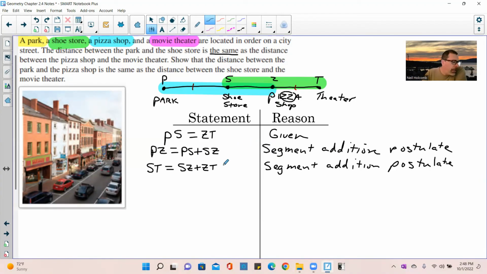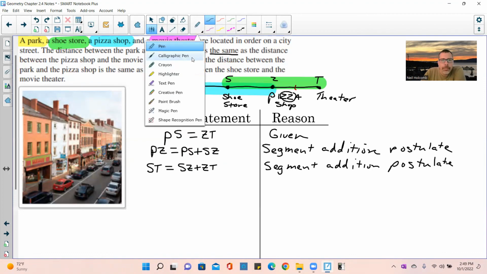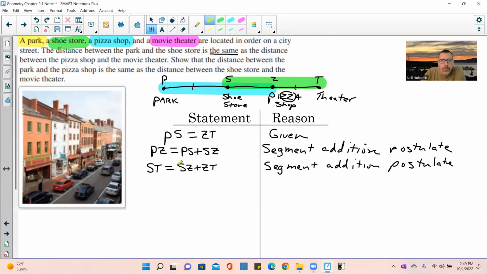Okay, and then, let's see, we have to think about this a second. We have PS plus SZ, which is right here. Let me highlight that. PS plus SZ, which is PZ.